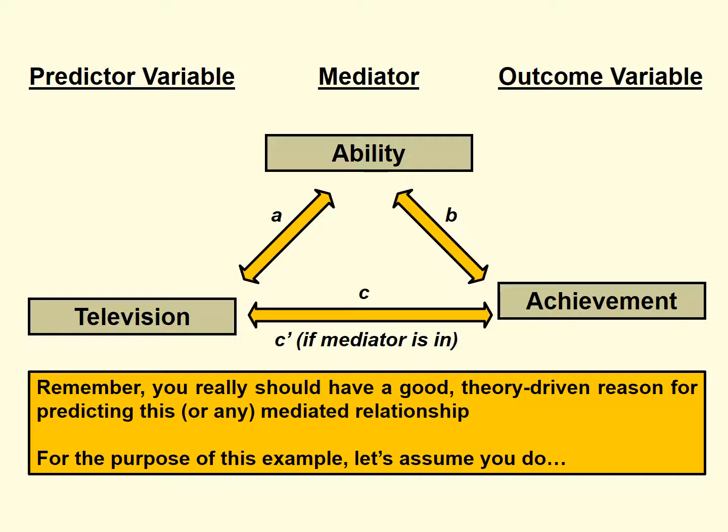And recall that what we really want to do when running a mediation analysis is first establish that there's some relationship between television and achievement. That would be C, the little c.